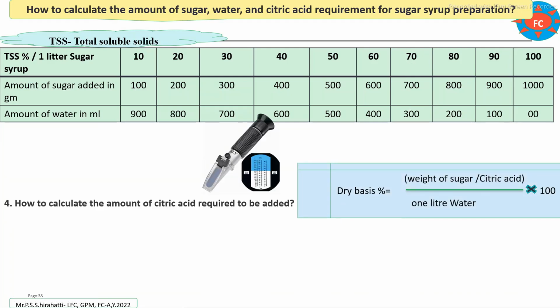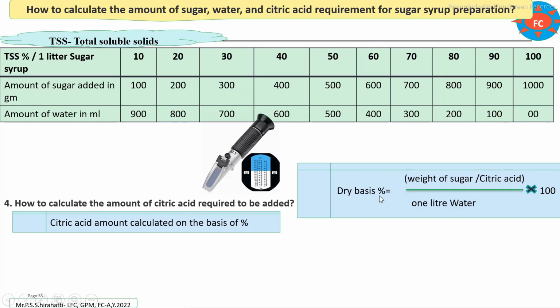How to calculate the amount of citric acid required in the final sugar syrup? On a dry basis, the amount of citric acid required is calculated by this formula: amount of citric acid in the final sugar syrup times 100, divided by 1 liter of water.